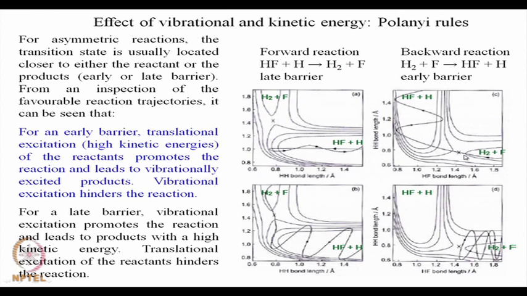This is the case where the reaction will proceed, and this is the case where the reaction does not take place, because the path is basically coming back to its reactants, you see. So, what is the situation for an early barrier?